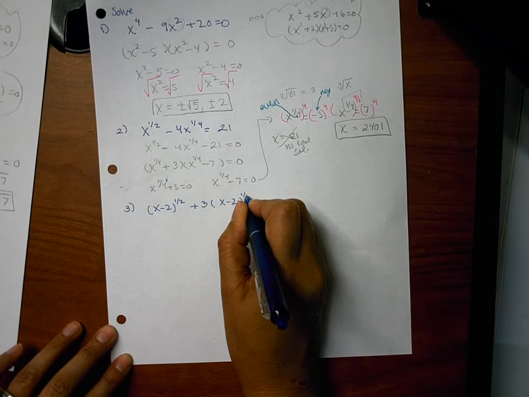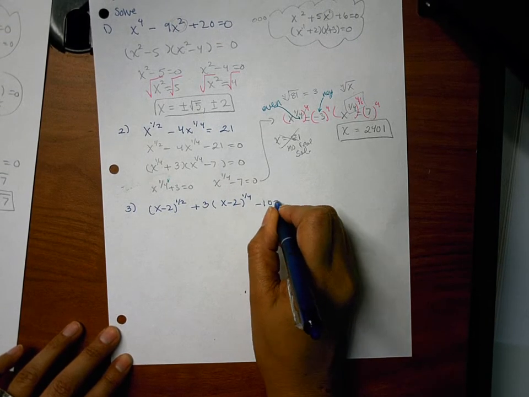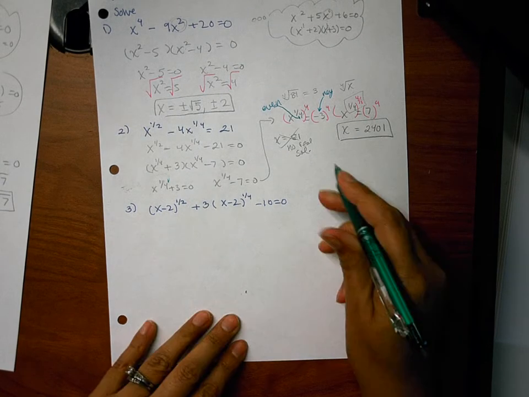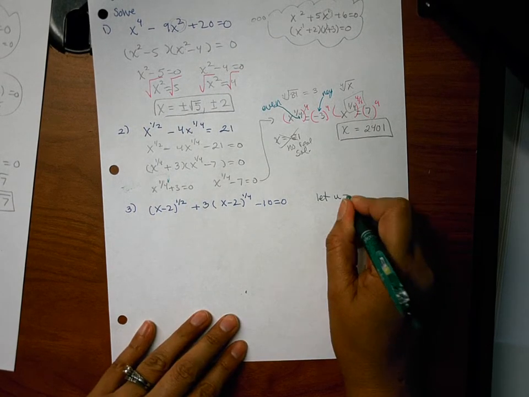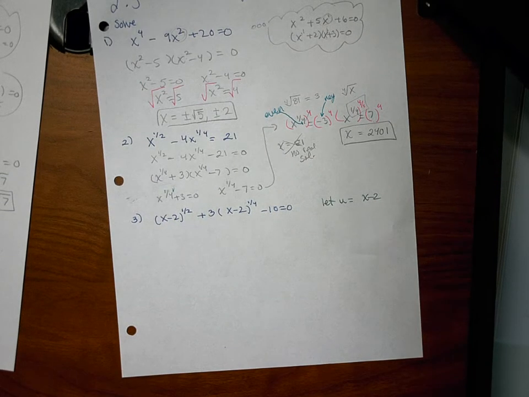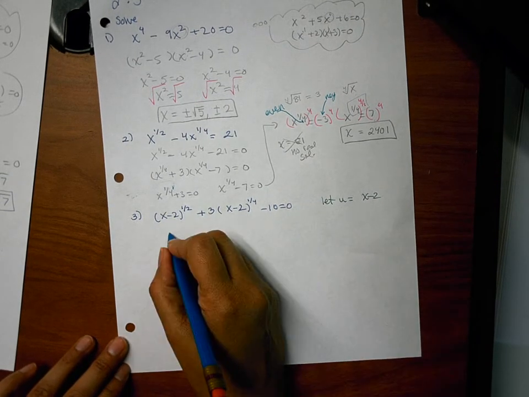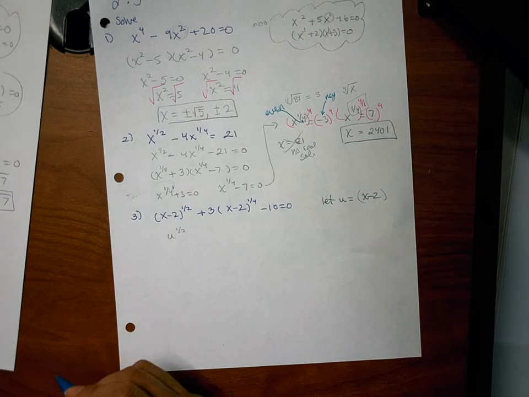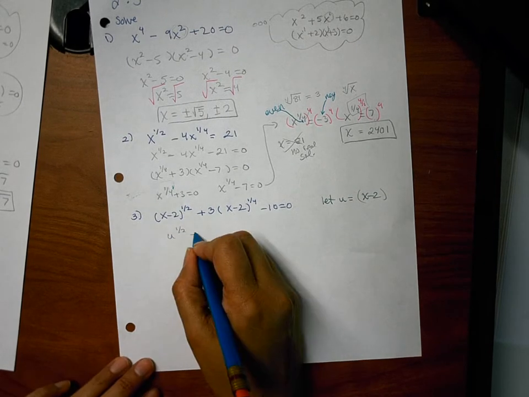Number 3: (x minus 2) to the 1/2 plus 3 parentheses (x minus 2) to the 1/4 minus 10 equals 0. I'm hoping you recognize that this is a substitution problem. I'm going to let u equal x minus 2 and rewrite it.